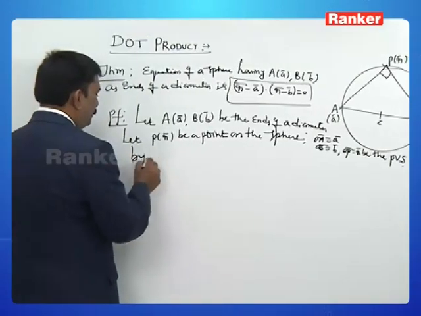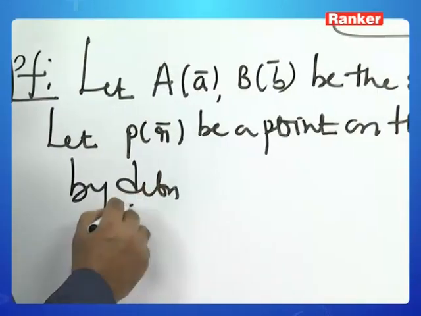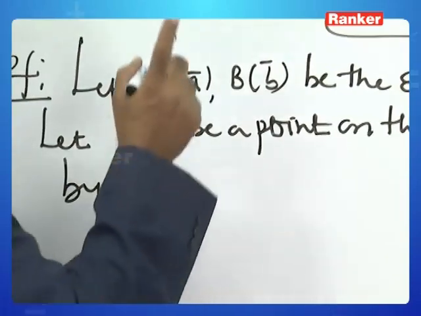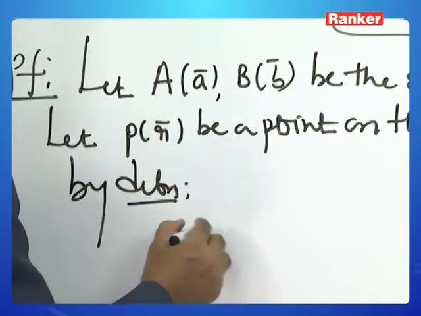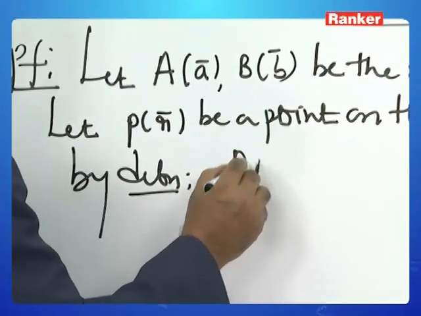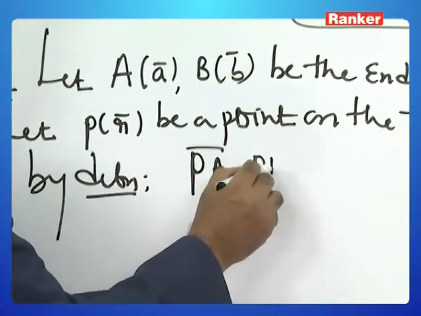By definition, the angle in a semisphere is 90 degrees, so PA bar · PB bar = 0.